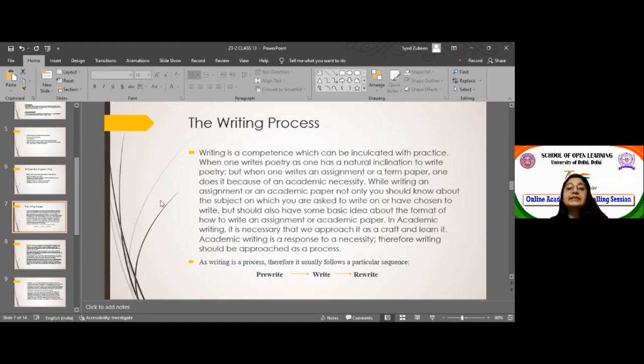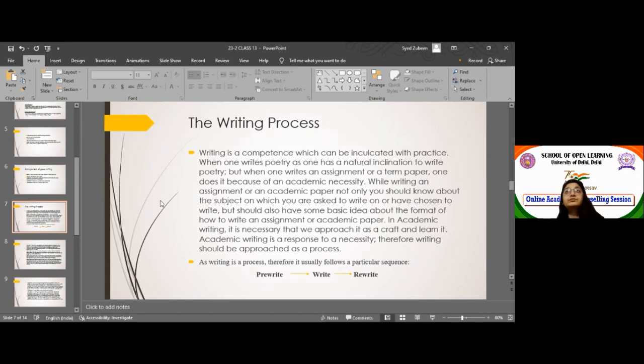So while writing an assignment or an academic paper, not only should you know about the subject on which you are asked to write, but you should also have some basic idea about the format of how to write this assignment or academic paper. In academic writing, it is necessary that we approach it as a craft and learn it. Academic writing is a response to a necessity, therefore writing should be approached as a process.